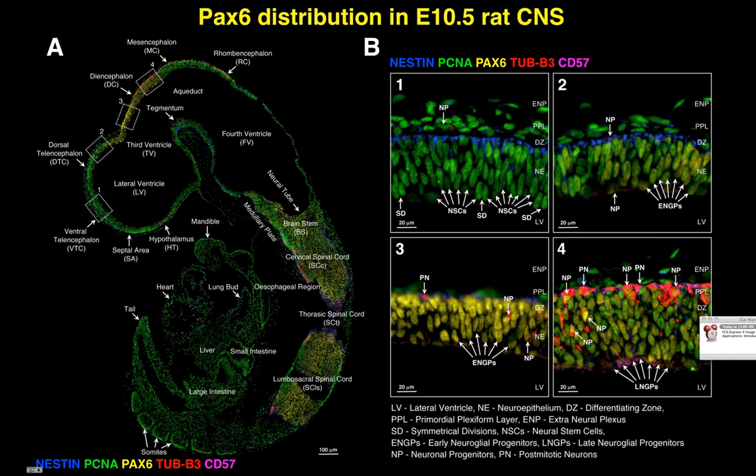And in panel 4, we can see the end result of that, meaning that the neural stem cells are now dividing into other phenotypes, including the magenta neuroglial progenitors, as well as the first neurons that are being born. You can see some PAX6 in the neurons, which are the tubulin beta 3 positive red cells here.